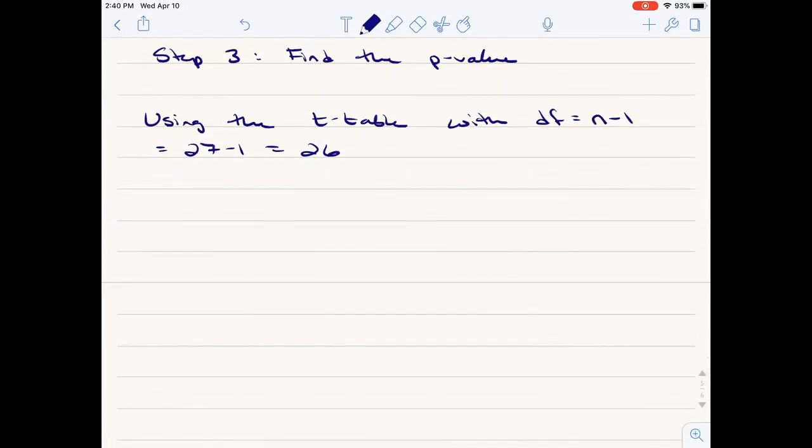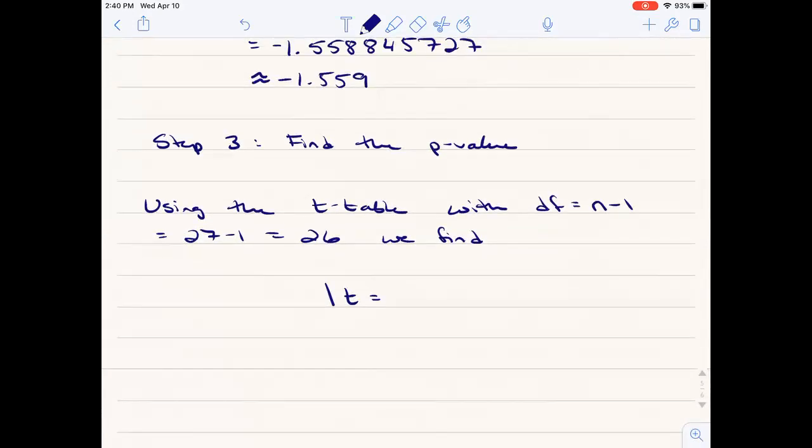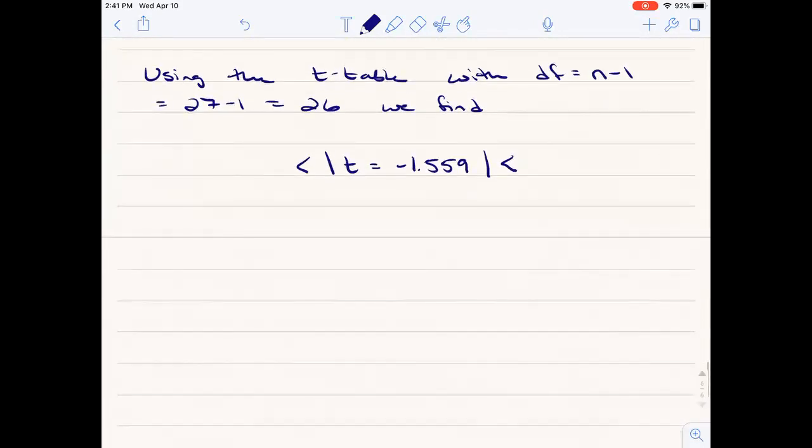So using the T table with 26 degrees of freedom, it's been a little while since we did t-scores, right? But we write our absolute value of t, equal to our calculated t, negative 1.559, is between 2 values, right? So now we take our calculated t and we're trying to place it on the 26 degrees of freedom line. And we'll find that it'll fall somewhere between 1.315 and 1.706.